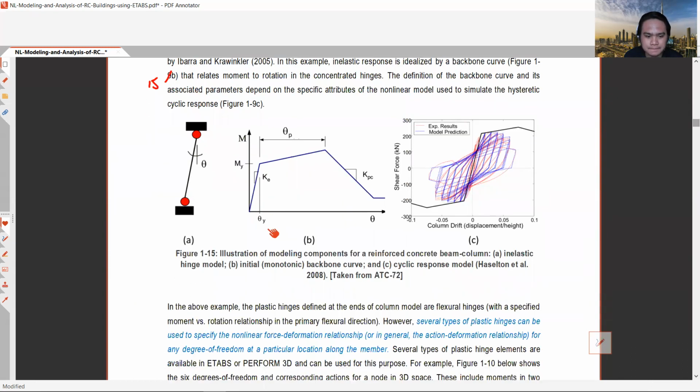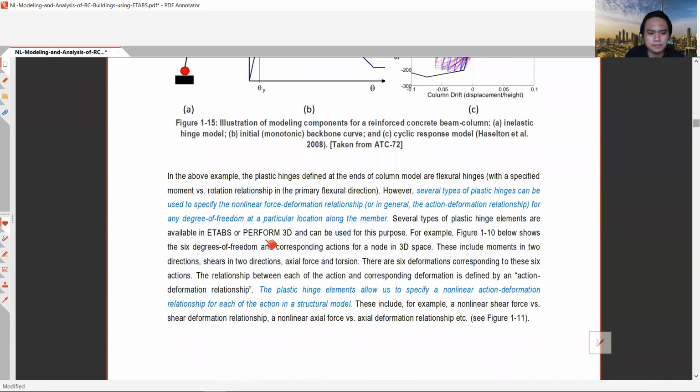Okay, sige, let's see. So in the above example, the plastic hinges defined at both ends of the column are flexural hinges. Okay, so in this example, take note of this. In this example, the plastic hinges are defined at the ends of the column and modeled as flexural hinges.